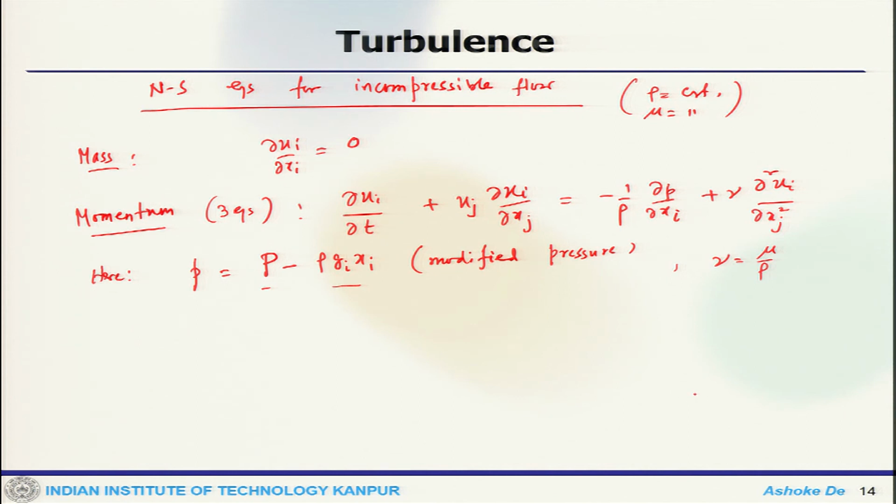Now, when you look at this mass and momentum conservation equation, we have total 4 equations and we have 4 unknowns, which are 3 velocity components and pressure.